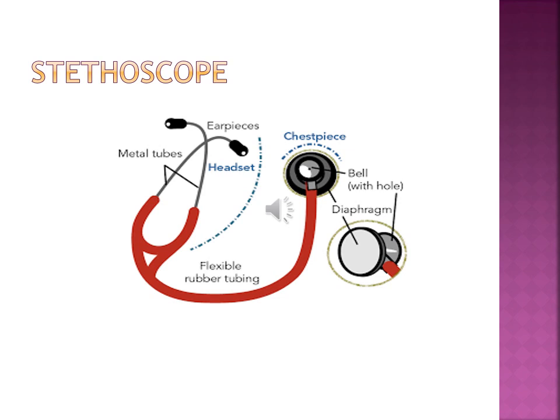The rubber tube and the earpieces transmit the sound to the ear of the doctor, and it helps the doctor find out if our heart is functioning normally or not. It also helps in detecting congestion in the lungs by the sounds that are produced during breathing.